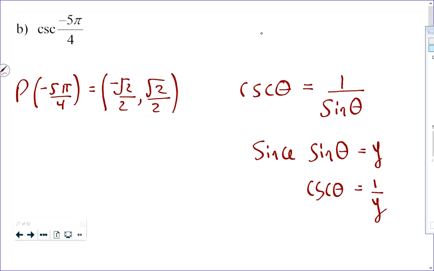Y is root 2 over 2. The reciprocal of that is 2 over root 2. By the way, when you reciprocate a fraction, don't write 1 over the fraction, just flip the fraction over. Okay, so that's how my brain operates.